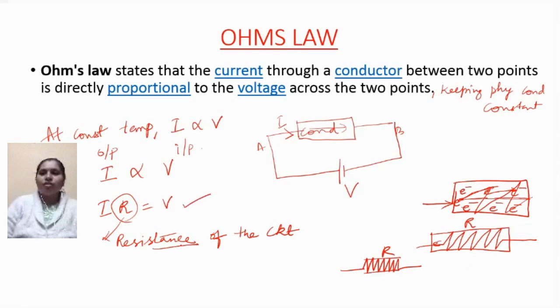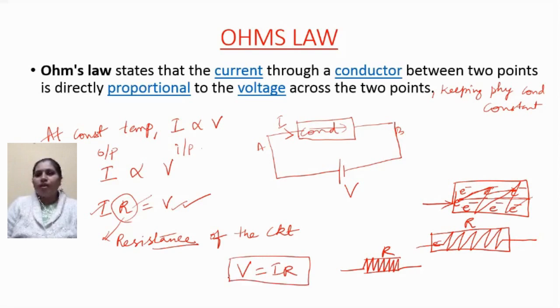So from this, whenever we are given in a numerical the value of voltage and the value of current, then you can find out the value of resistor. If we are given the value of current and resistor, we can find out the value of voltage. So this is the formula which is used to find out the parameters, and this is obtained by knowing the statement of Ohm's law.